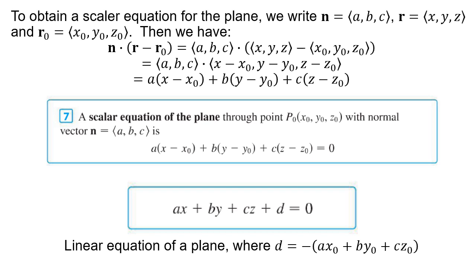And then you can make it look a little nicer if you made it ax plus by plus cz plus a constant equals 0 if you wanted to. Usually I wouldn't go that far. I would stop with it like it looks in box 7.